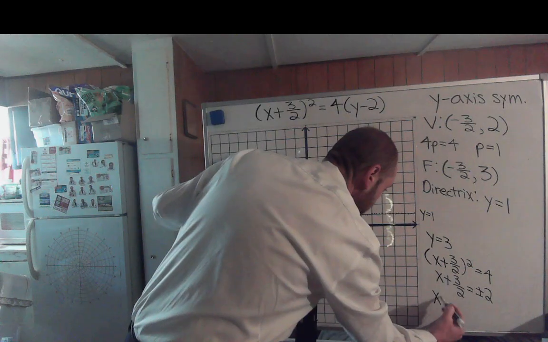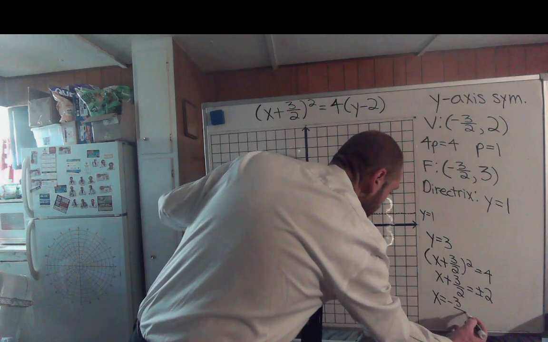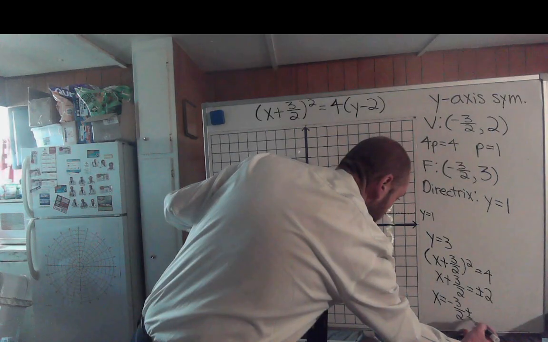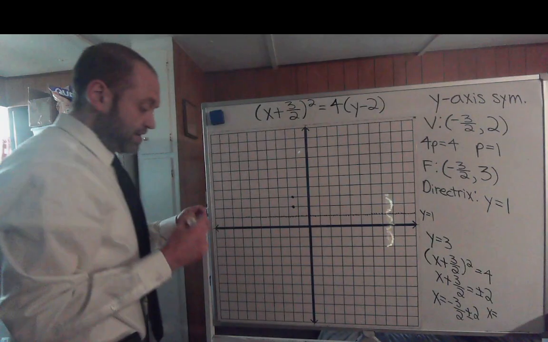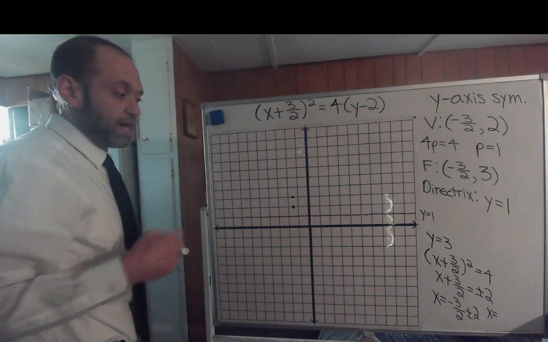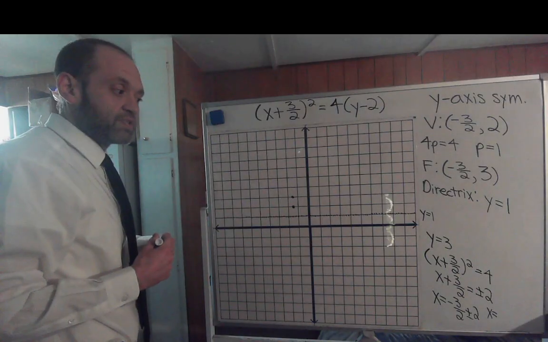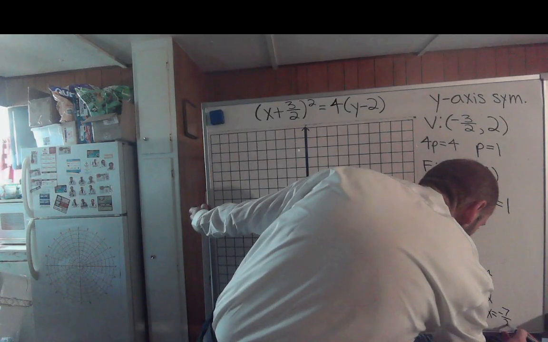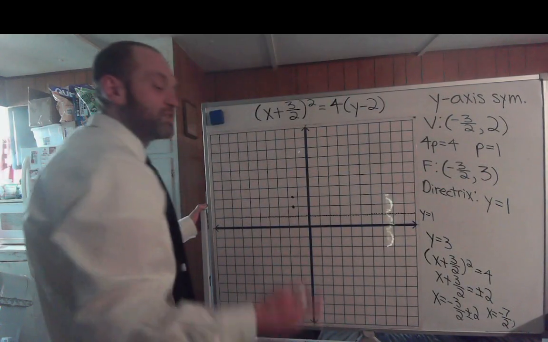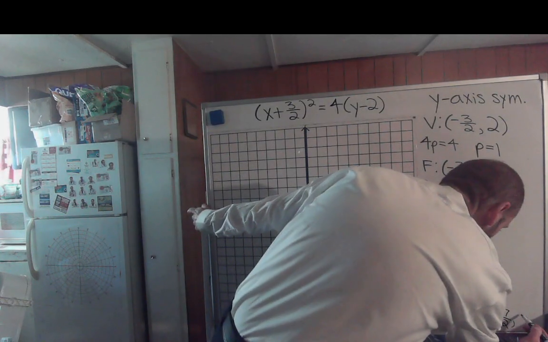So that would give me x equals -3/2, both plus and minus 2. So -3/2 minus 2, well 2 is 4/2, right? So -3/2 minus 4/2 gives me x equals -7/2. And then -3/2 plus 4/2, that's positive 1/2.